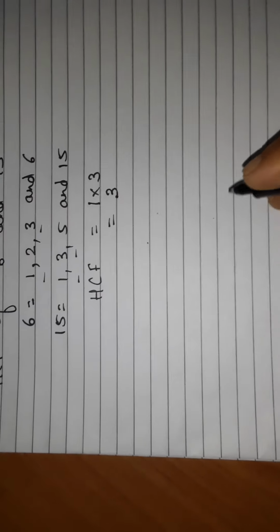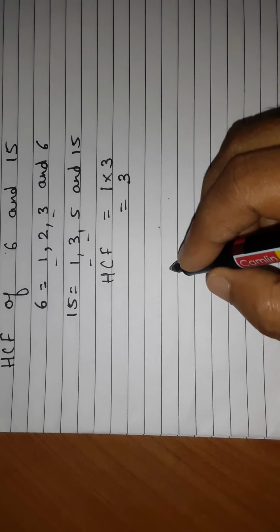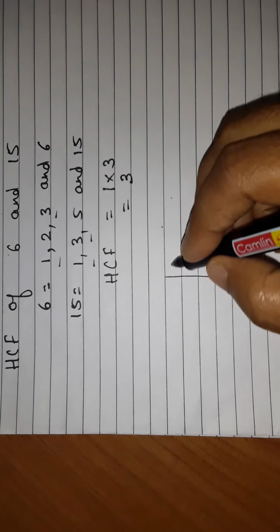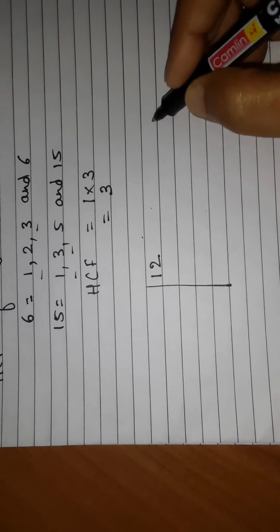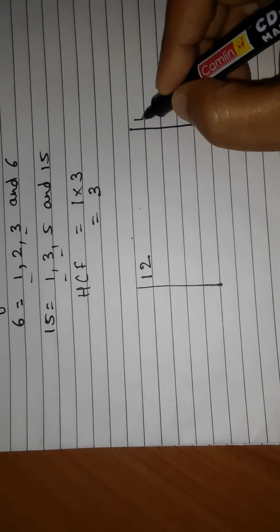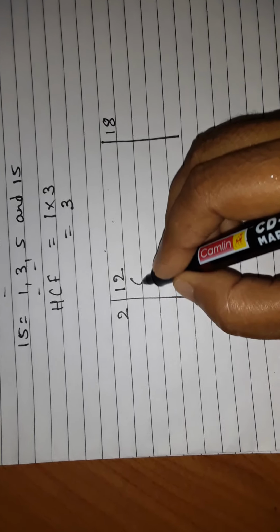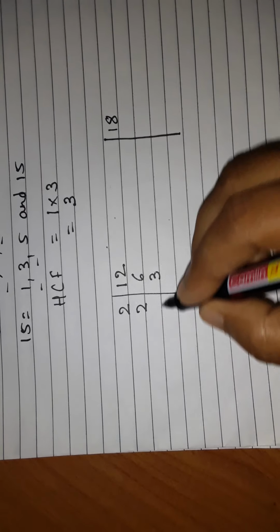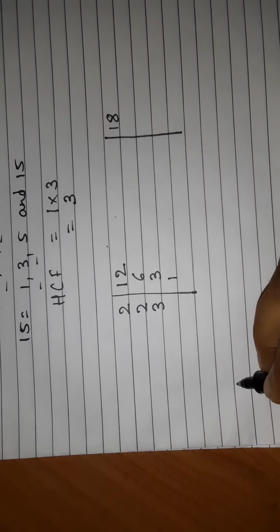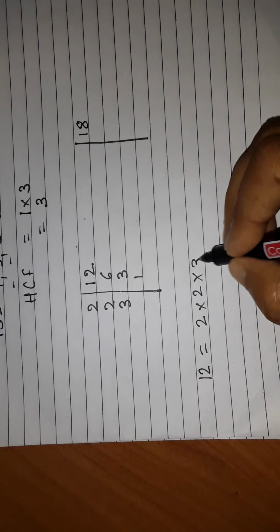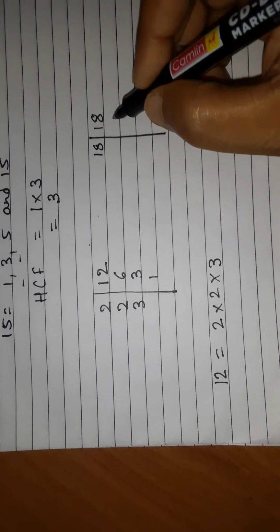Another method for finding out the HCF. Here we will take 12 and 18. As we are dividing, we will divide it. 2 6s are 12, 2 3s are 6, 3 1s are 3. So prime factors for 12 are 2 into 2 into 3. Now 18.